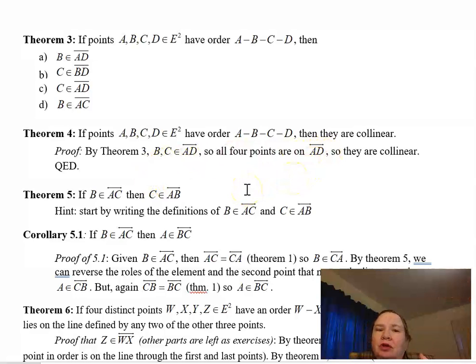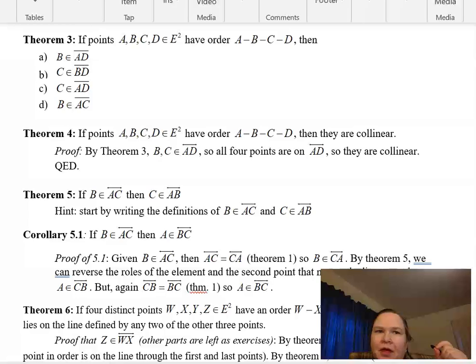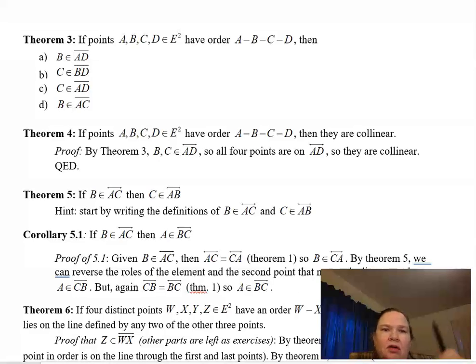That's pretty good. Now we want to start changing the names of lines. The first thing we're going to say is, if I pick a point B that's on a line, and this is a line and not a segment, the line AC, and B is somewhere on that line.